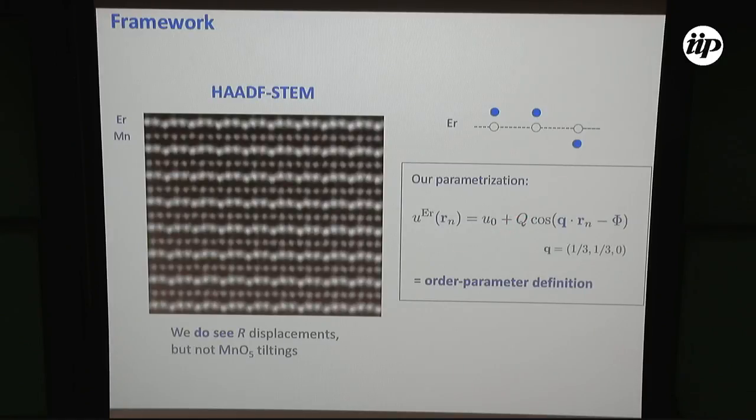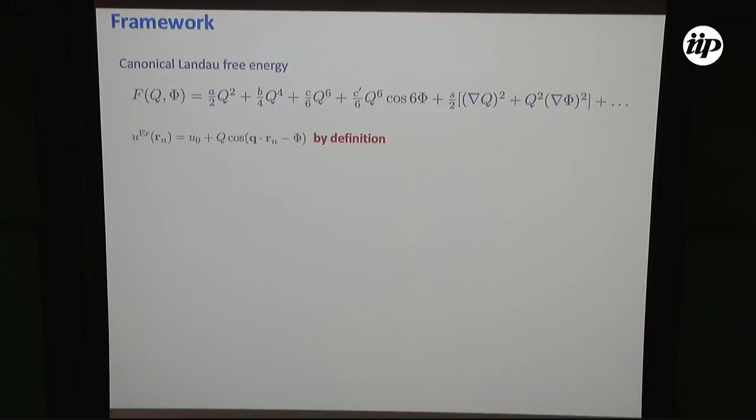So I will take in the following the order parameter of the trimerization as this quantity Q that defines the amplitude of this trimerization, and this phase phi here that I can compare directly with this type of experiments. So this is my definition of the order parameter, and then I can construct the Landau free energy.